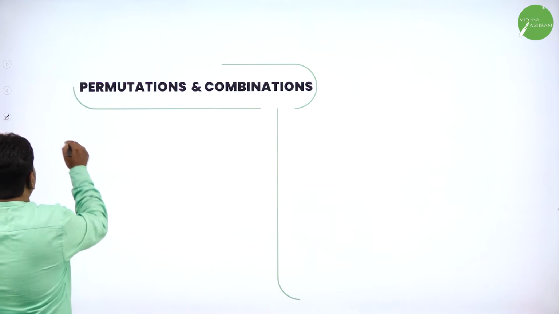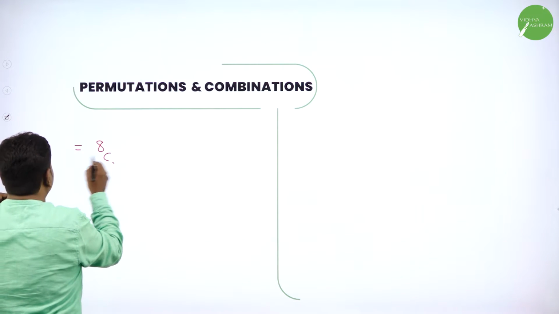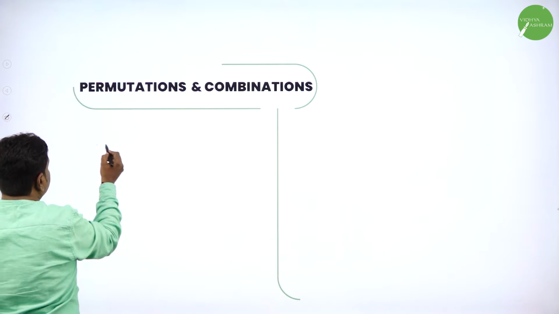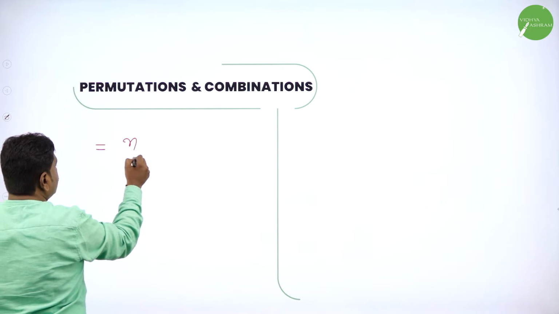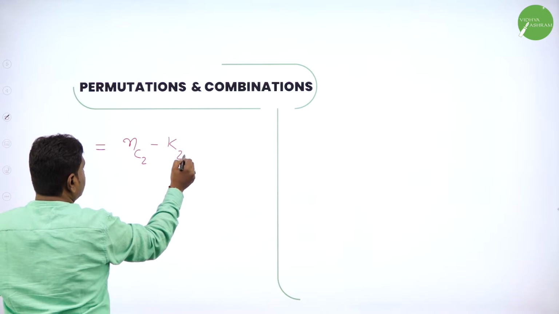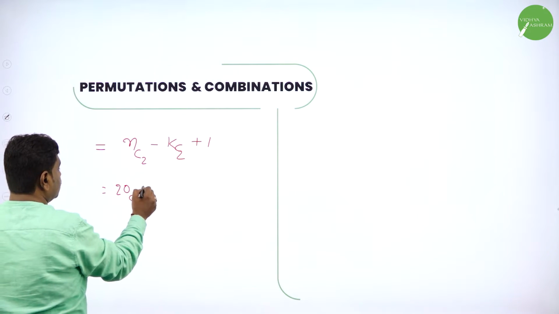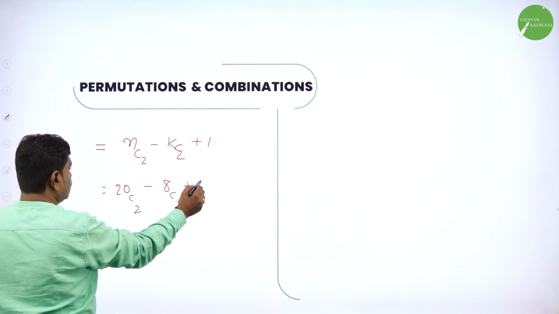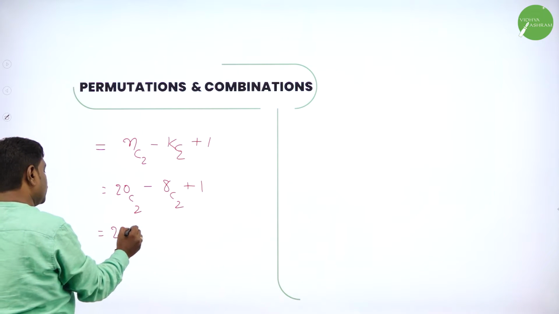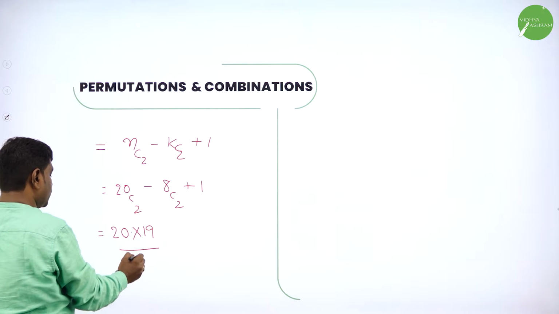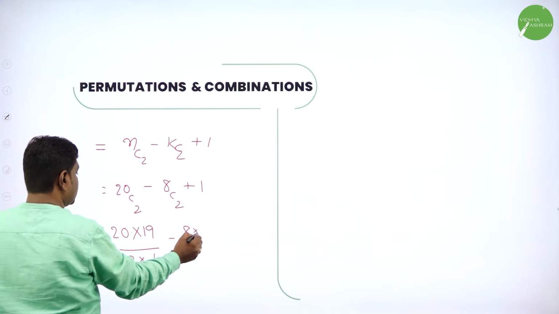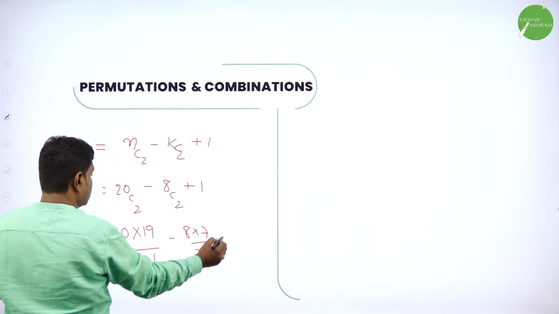So number of points is 20. NC2 minus KC2 plus 1, that is 20C2 minus 8C2 plus 1. 20C2 means what? 20 into 19 divided by 2 into 1. 8C2 means what? 8 into 7 divided by 2 into 1, plus 1.